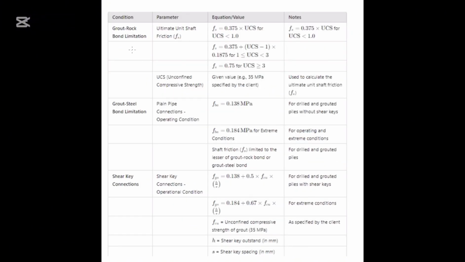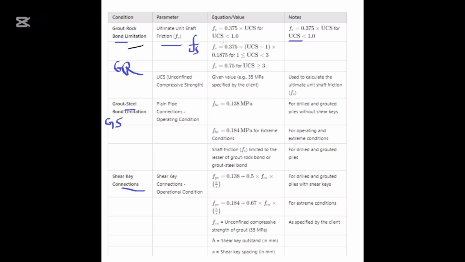So here we can see the conditions like grout rock bond limitation and grout steel bond. There are two limitations, and shear key connections, so three things. Ultimate unit skin friction, FS, that's what we are going to find. For the grout rock bond limitation, the UCS is the main factor.